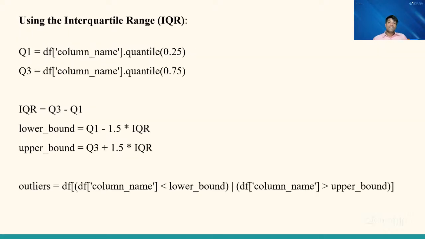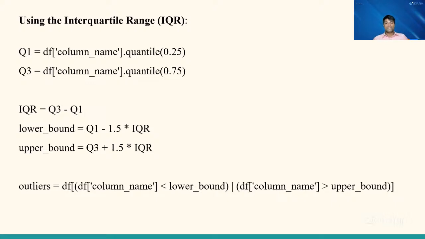Next is how to identify the outliers. A very important method after box plot is the interquartile range method, called IQR. Here you calculate the 25th percentile and the 75th percentile and use the IQR formula, which is Q3 minus Q1. We then compute the lower bound and the upper bound using the formulas Q1 minus 1.5 IQR and Q3 plus 1.5 IQR.